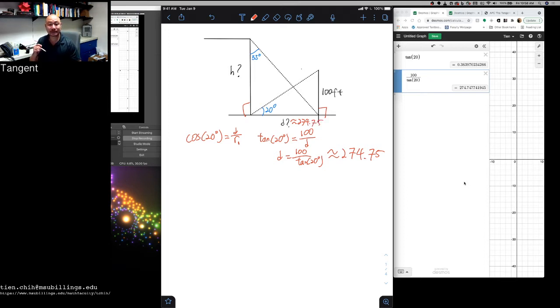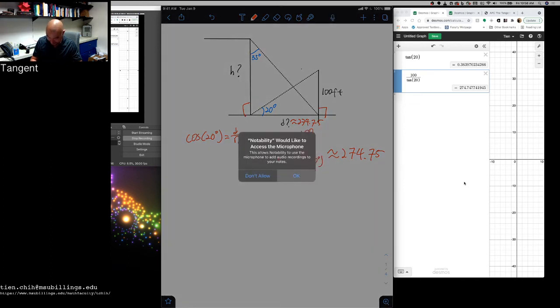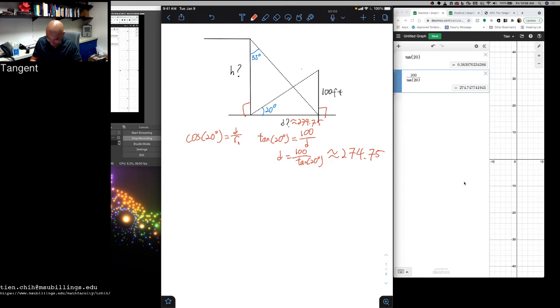And so then the question is, how can I find this height? Well, I can't really use this triangle anymore, because this triangle doesn't involve this particular height, but this triangle does.